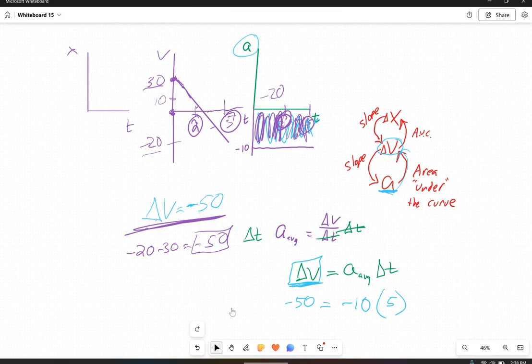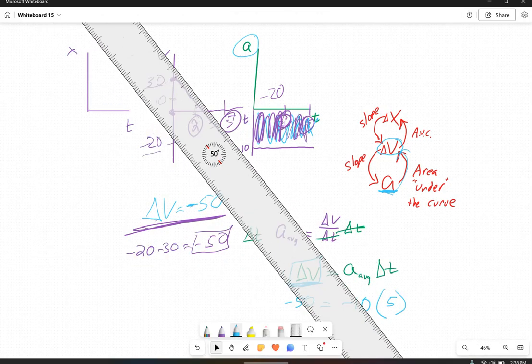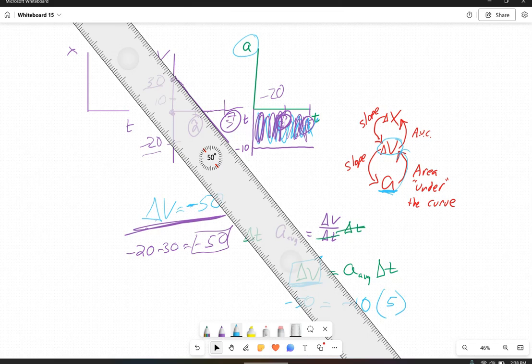So now I can actually do a little check here. No ruler? Oh, there it is. Okay. How would you describe that slope?